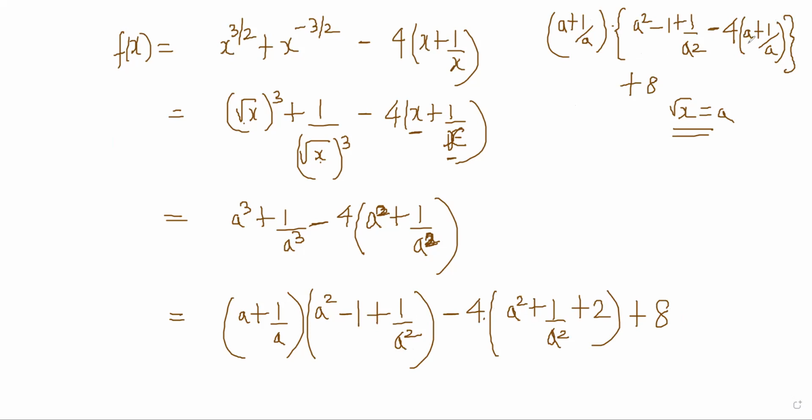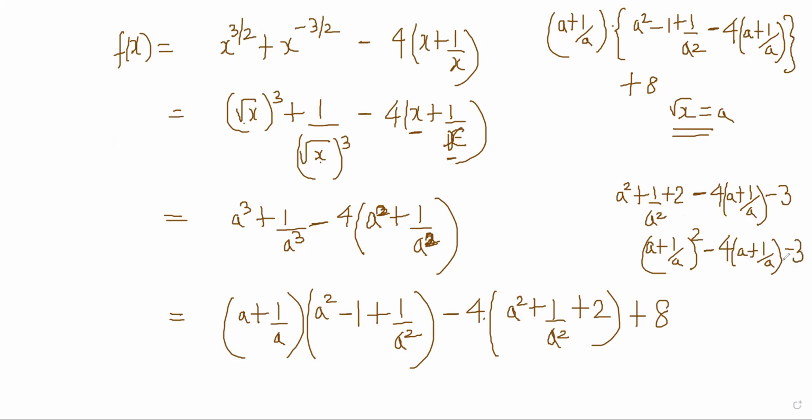And A square plus 1 by A square plus 2 minus 3, minus 4 times A plus 1 by A, minus 3, right? So this is A plus 1 by A whole square minus 4 times A plus 1 by A minus 3.